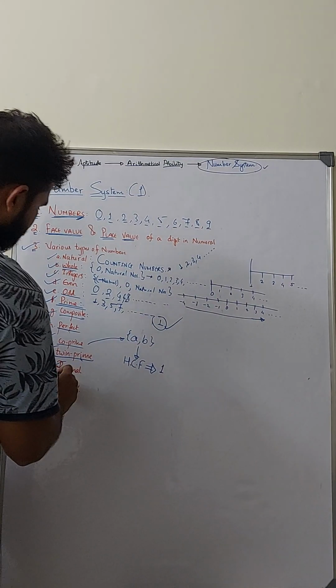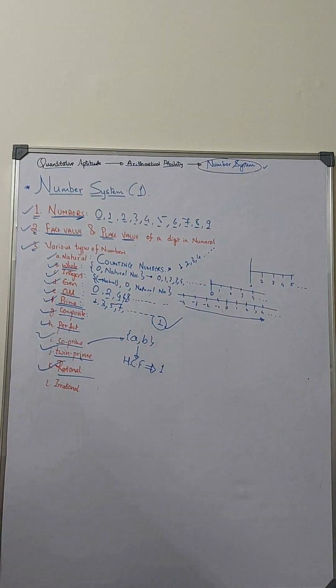Now let's move towards rational numbers. So what is the definition? The numbers which can be expressed in the form p by q, where p and q are integers and q is not equal to 0, are called rational numbers.